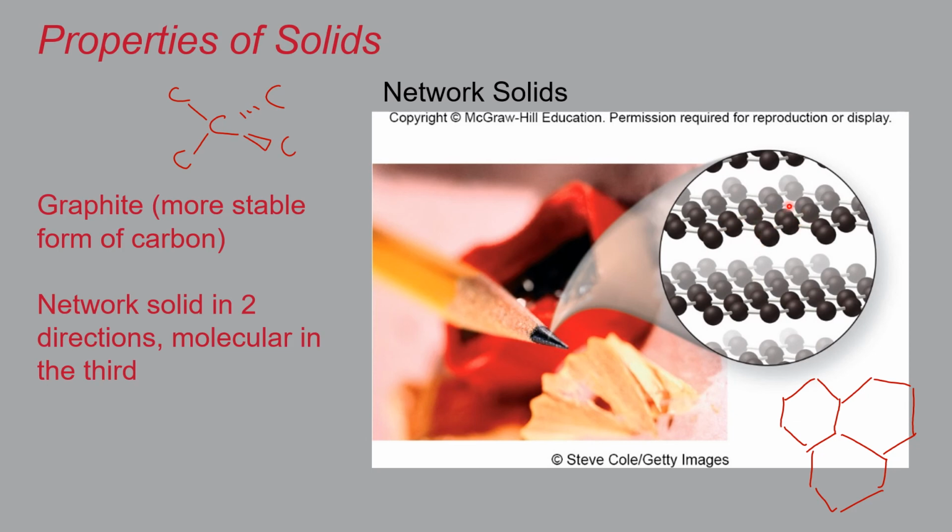These flat sheets are laid on top of each other, and there is no covalent bonding in between the sheets. The sheets are held together only by London dispersion interactions. So this is an interesting case where you've got something that is a network solid in 2 dimensions, in this case left and right, back and forth, and is a molecular solid up and down.